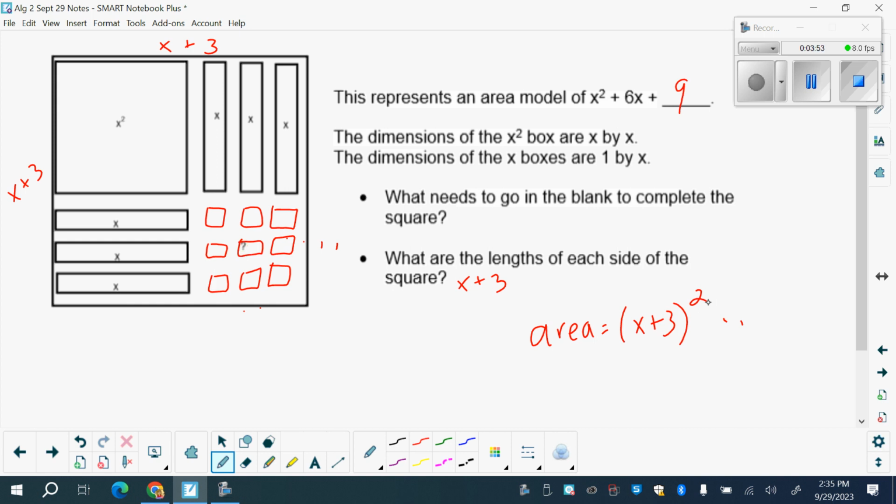Does that make sense? So we are going to use that for what we are doing today, for completing the square. So we're going to be using completing the square, and this is the visual here. Why, when we did this, did we take the 6 x's, put 3 of them here, and then 3 here to make a square?